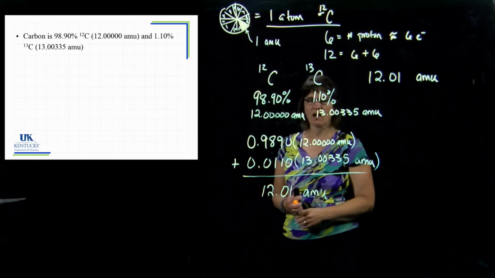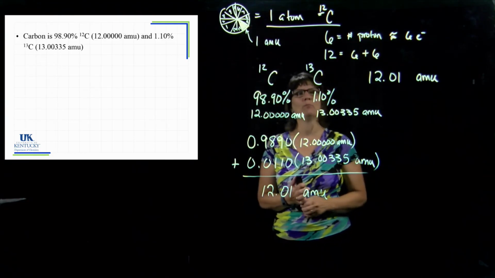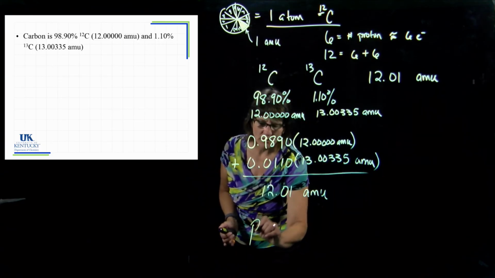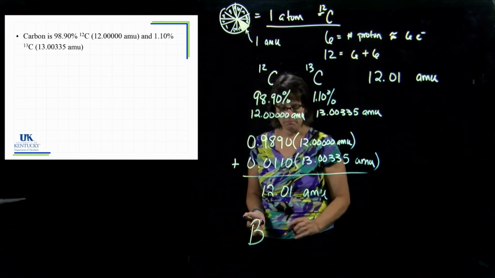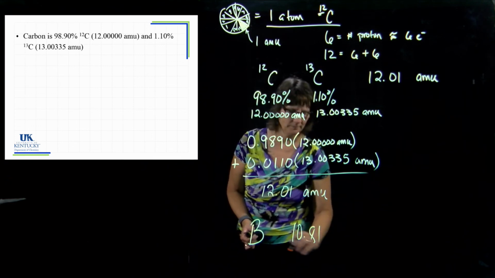Now, before we leave this topic, let us look at your periodic table and look at boron. If you were to look at boron's atomic mass, it is 10.81.